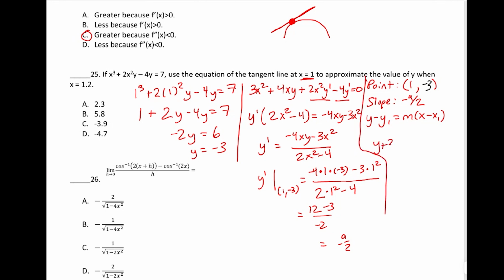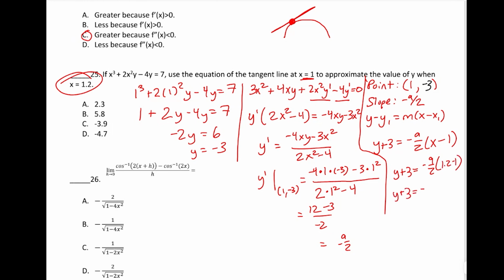Y plus 3 equals negative 9 halves times x minus 1. And we're going to substitute in 1.2 to get our approximate value. Really hope I didn't make a mistake somewhere in here. There's a lot of room for error. So if I do, we'll always go back and we'll fix it. But fingers crossed. We got y plus 3 equals negative 9 halves times 1.2 minus 1.